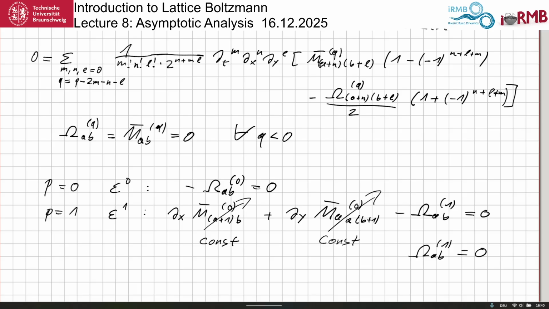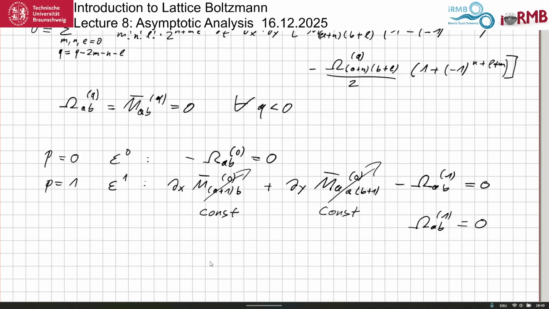Okay? So now we come to p equal to 2. So meaning epsilon squared. So here's the first time we get a time derivative. Yeah, because now we can have dt m ab now to 0 order.